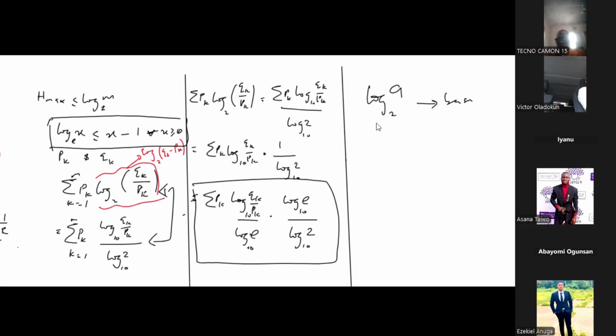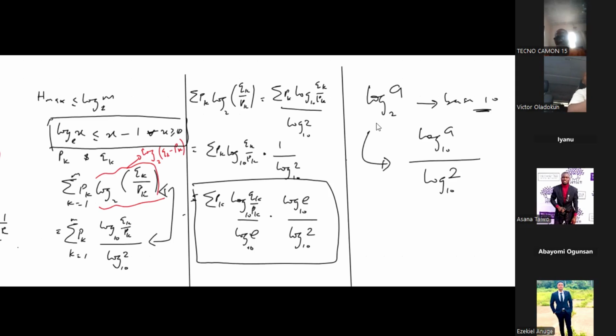So it means that I'm going to take log A base 10 divided by log 2 base 10, right? I'm taking the log to the base of what I'm converting to, of both the value and the base, only that I'm taking the ratio. That's moving to base 10, right? Are you with me?